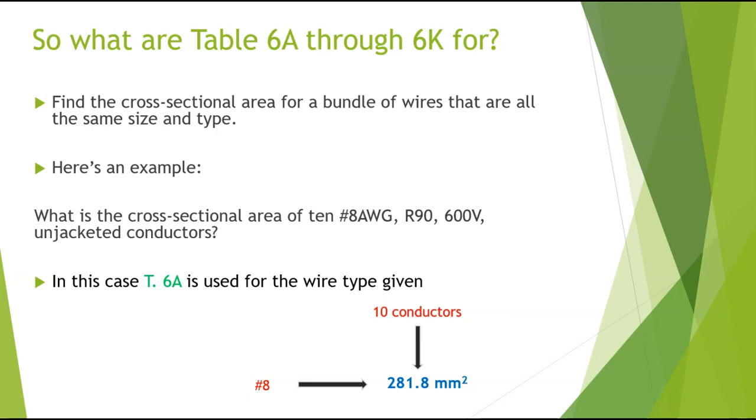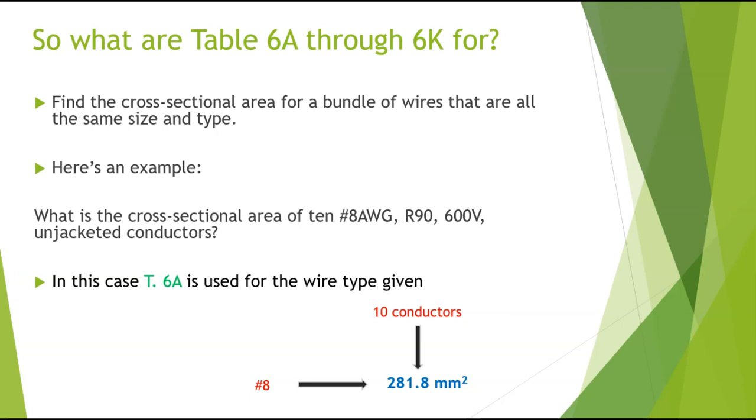Nonetheless, how do they actually get used? Well, what they've done is they've taken the various types of conductors in terms of construction and placed them into an individual table where then they've given cross-sectional areas of not just one conductor, but of bundles of that same type of conductor of various sizes.